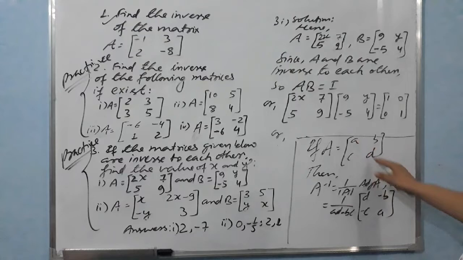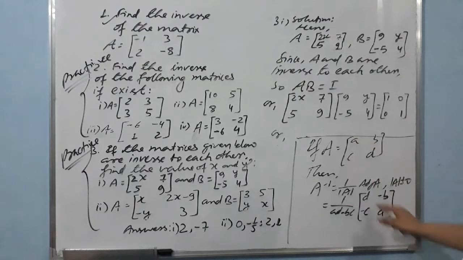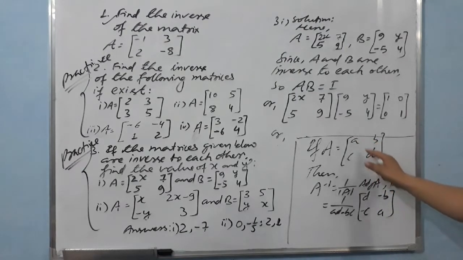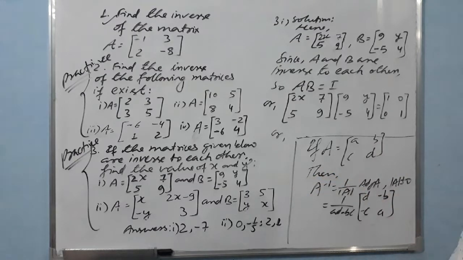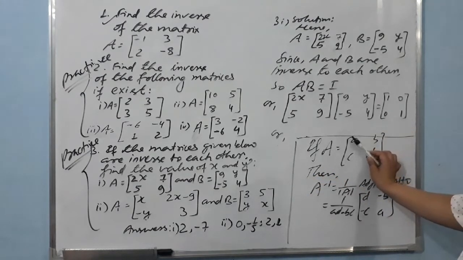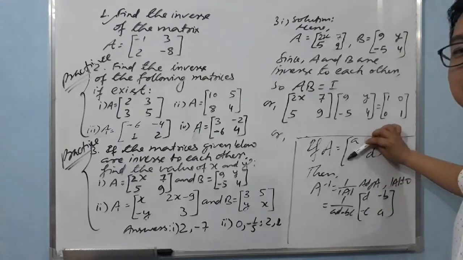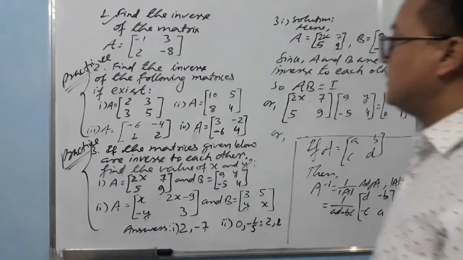Once again, the main diagonal, also called the principal or leading diagonal, is this, and this is the secondary diagonal. I think it is clear.